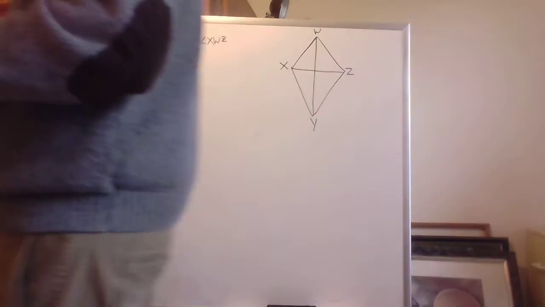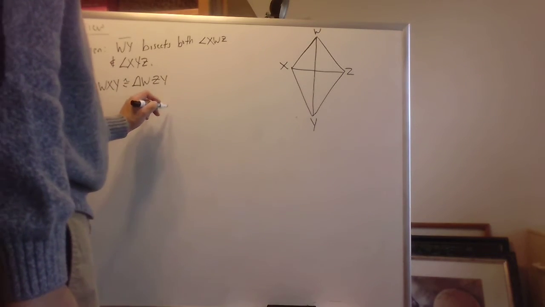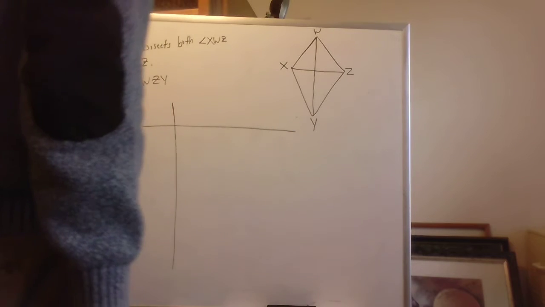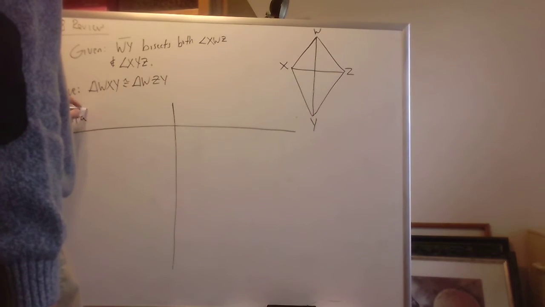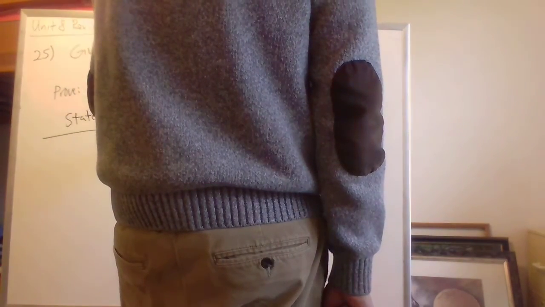So as I discussed on the last problem that we did, that was a 2-column proof. Essentially, what we did was write 2 columns where we had a statement that was given. So statements and reasons.